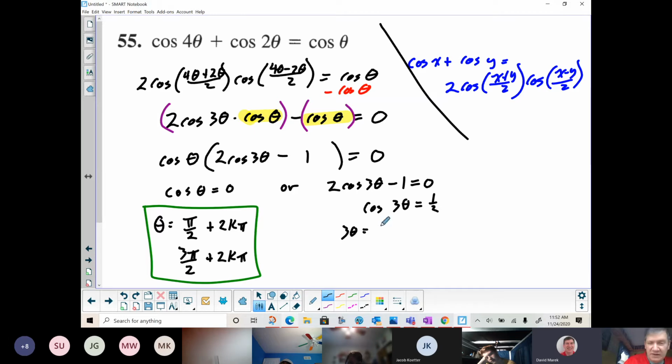So that's at pi over 3. And again, we add the 2k pi. And cosine is also going to be positive in the fourth quadrant. So 2 pi minus pi over 3 should give me 5 pi over 3. Again, plus 2k pi.